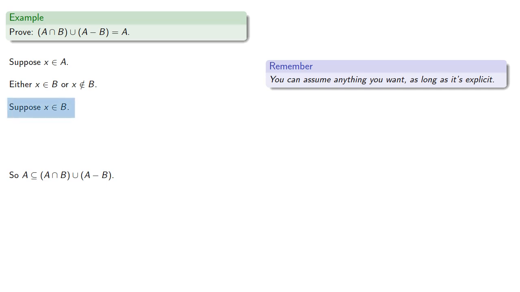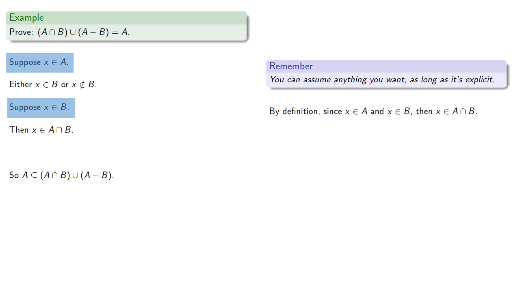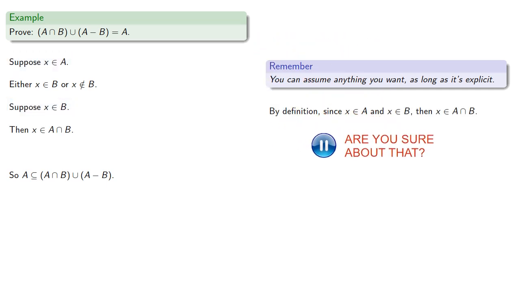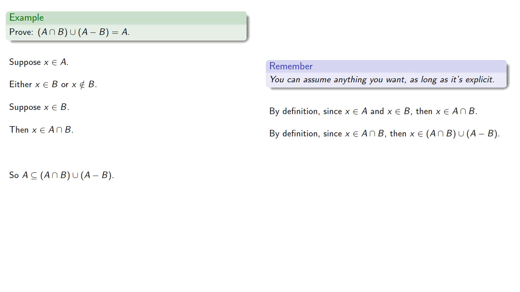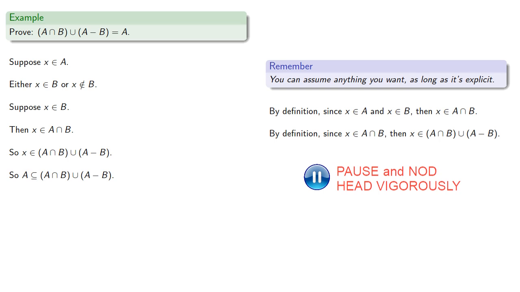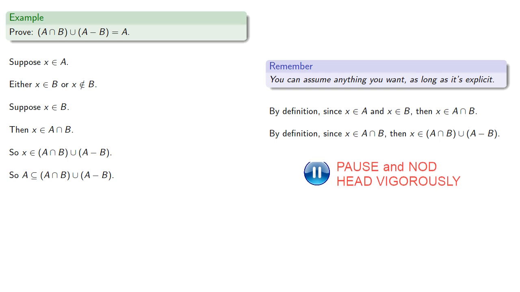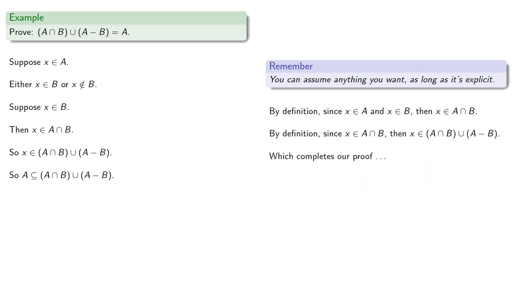If X is in B and X is also in A, then X is in the intersection. Again, definitions are the whole of mathematics. Since X is in the intersection, it's going to be in the union, which completes our proof as long as X is in B.